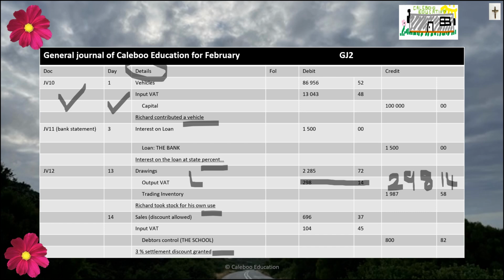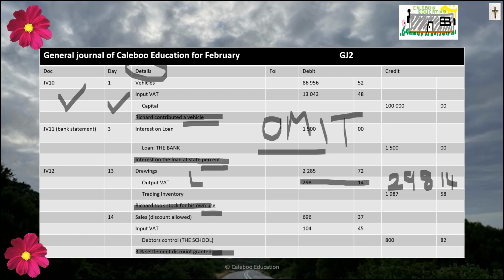Sometimes the examiner says you can leave out the narrations, and they use a word, omit narrations. Omit means leave out. So these little stories can be left out. But if you were doing your books, it gives you more detail with regard to each transaction. Folios, I will show you, we'll come and fill in a moment.